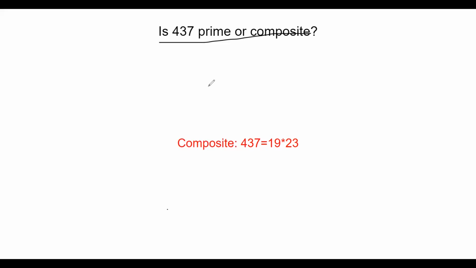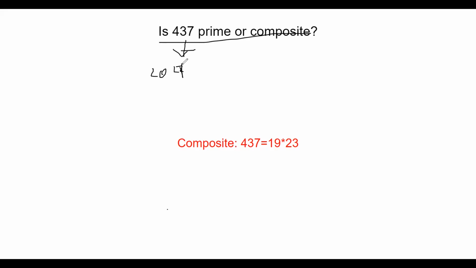But if you don't have Google, which sometimes you're not allowed to use, what you have to do, unfortunately, is take the number and look at its square root. So 437, its square root is between 20 and 21.